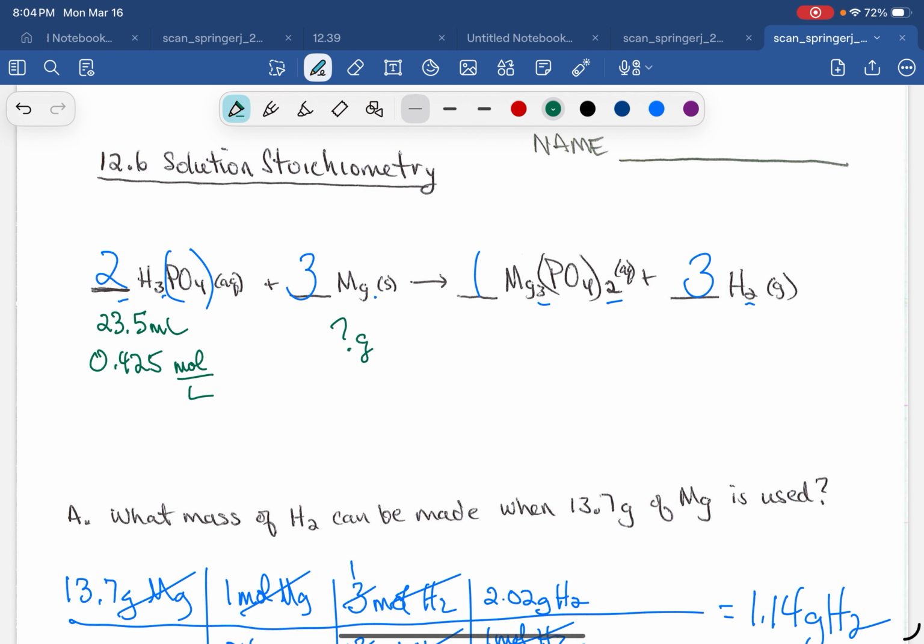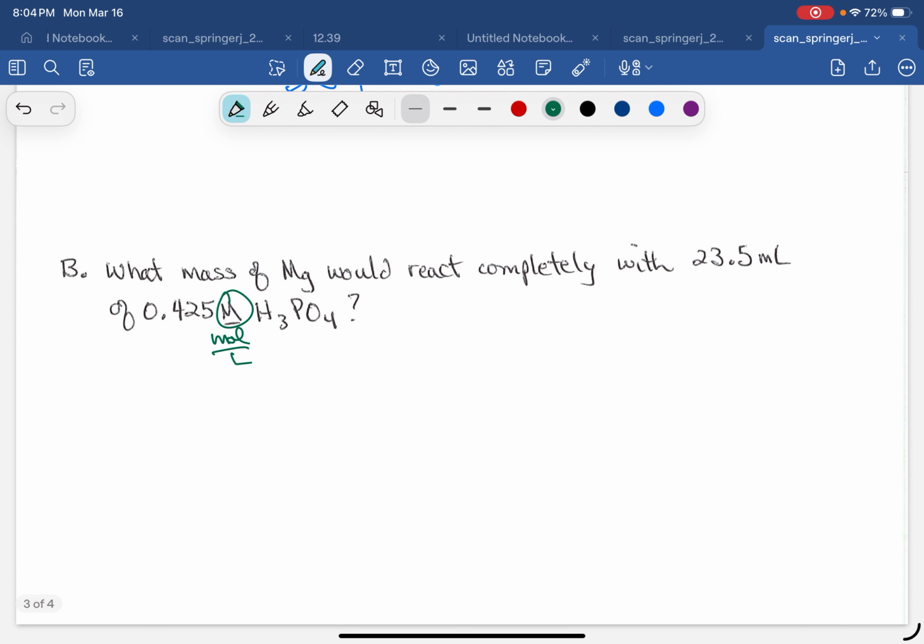So I'm going to need this milliliters into liters. To get from milliliters to liters, I divide by 1,000. So 23.5 milliliters of H3PO4 times 1 liter over 1,000 milliliters H3PO4.